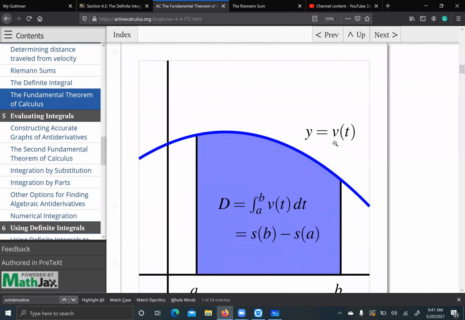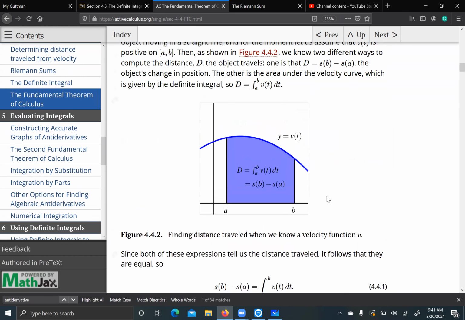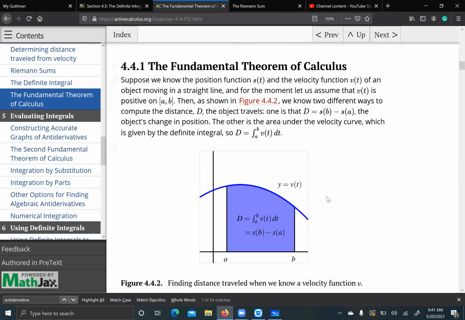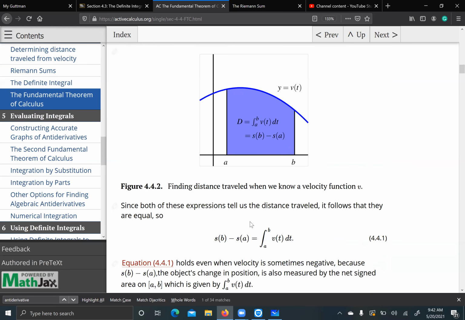Suppose we have the velocity function, and this is the graph of the velocity function, and we are wondering about the distance traveled by the object from point A to B. If the only thing that we have is the velocity function, not the position function, then we have to evaluate this integral, because the position traveled by the object is the same as the area under the curve. And we know that the area under the curve is the same as the definite integral of v of t with respect to t, t is time here, from point A to B.